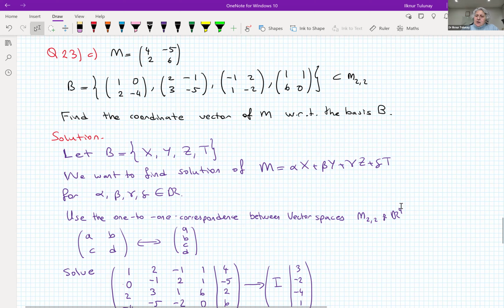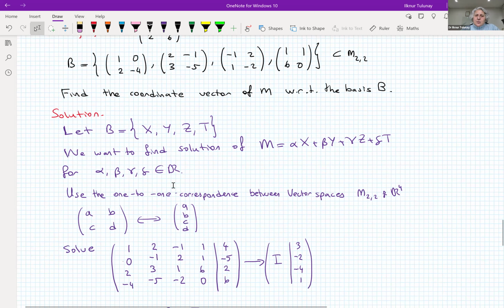And this is isomorphic, or equivalent, to R4, one-to-one correspondence. This is the most natural way, A, B, C, D. You can choose another order, which will give you another correspondence, but you need to be consistent in the same question. If you mix things up, then you will find an incorrect result.